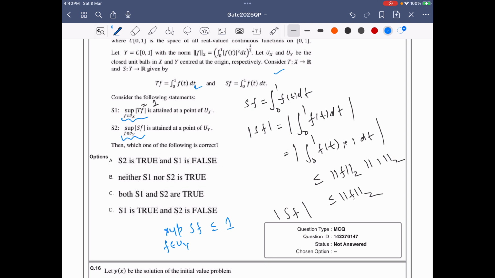And whether this is attainable, you can just consider the function f equal to 1. You'll see that this is attained at a point. So this supremum is exactly equal to 1, and it is achieved by the function f(x) equal to 1. So the statement S2 is correct, but we still need to figure out what S1 is.